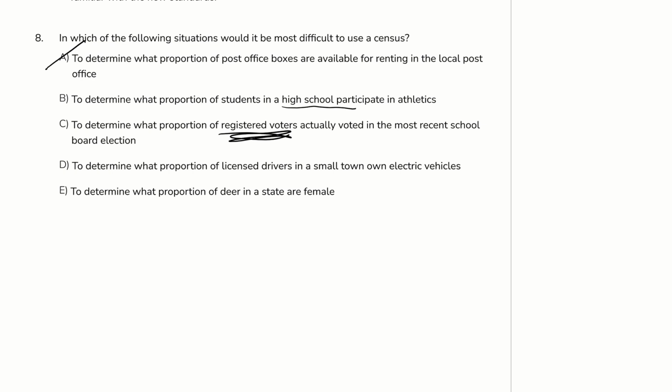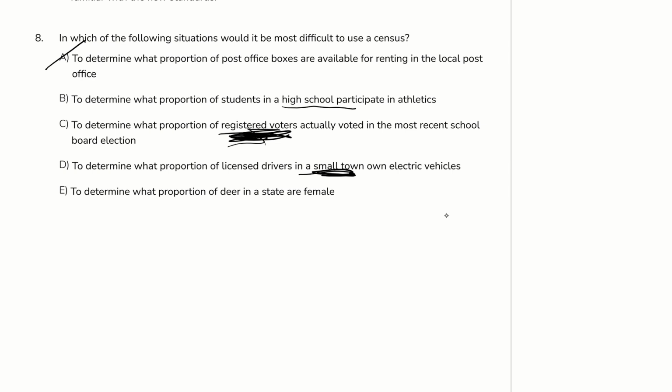So that could prove to be difficult, but let's see. To determine what proportion of licensed drivers in a small town own electric vehicles. Okay, so in a small town, just in a small area, that might not be as bad.